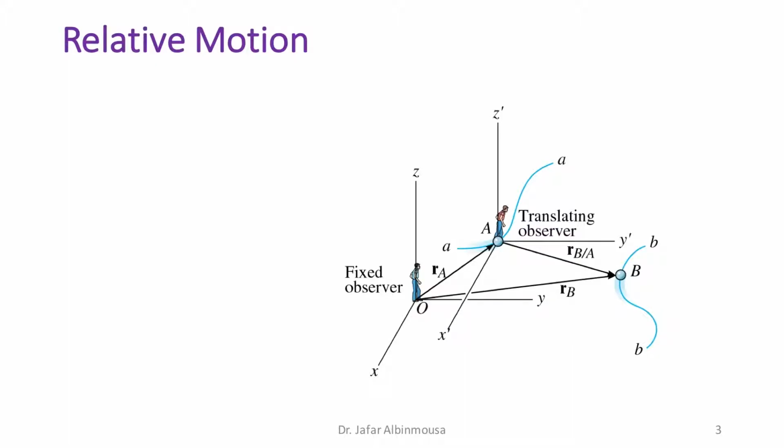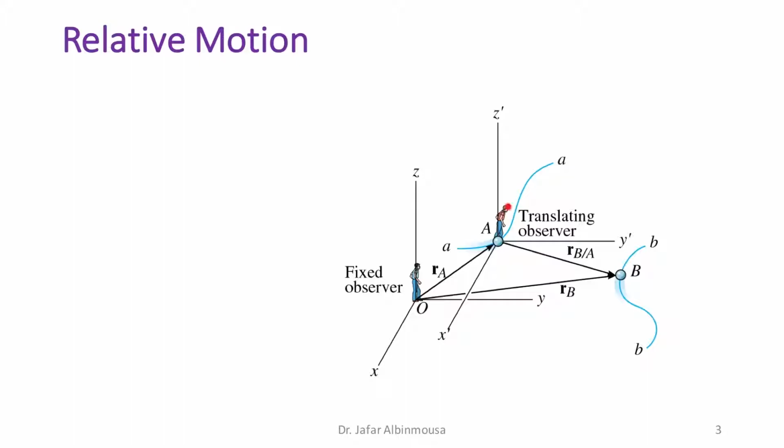So this is why the position vector going from observer O all the way to A, we call it RA, the position vector RA. Again, this observer will measure the absolute position of particle B. And this is why the position vector is called RB.